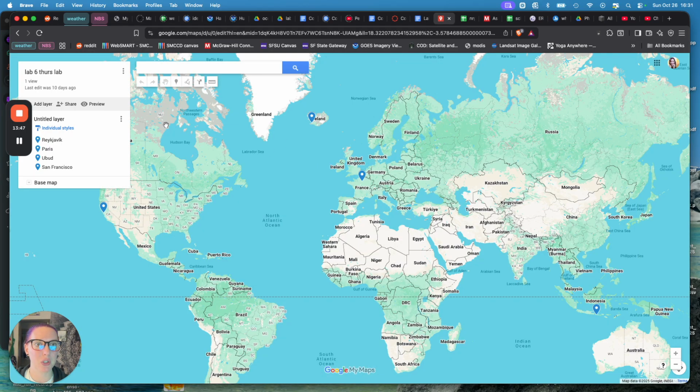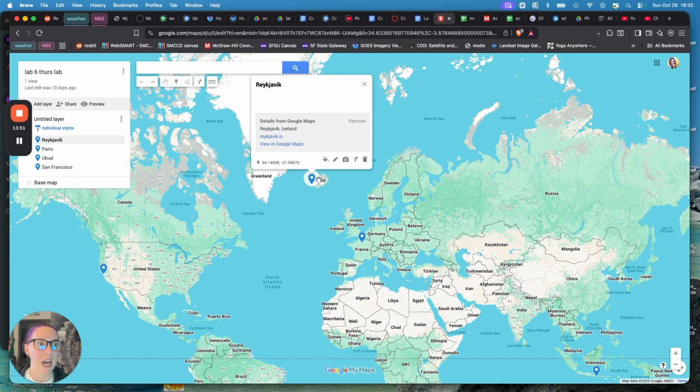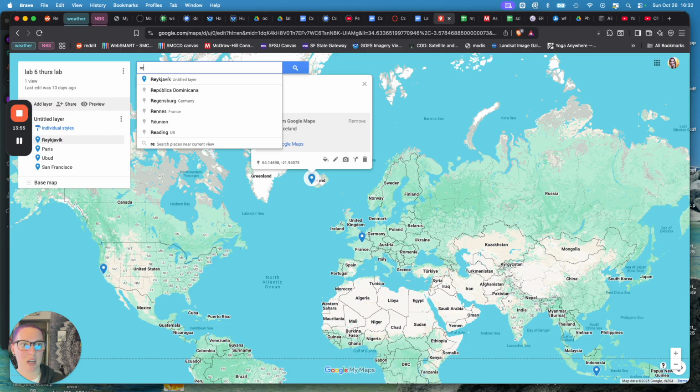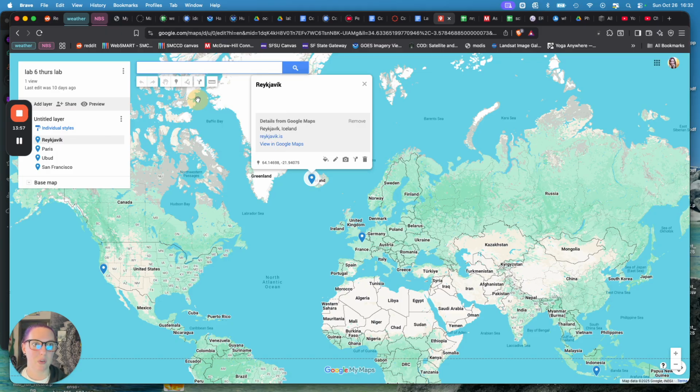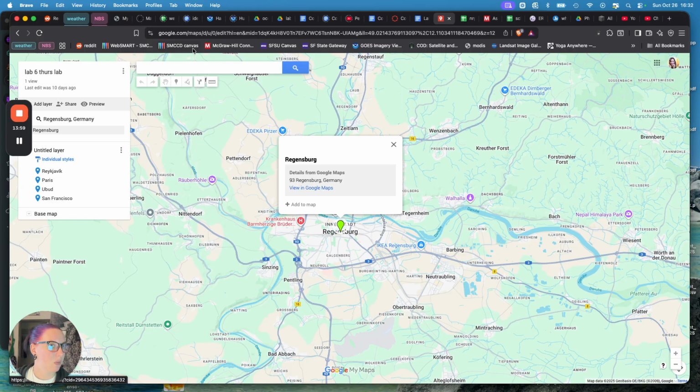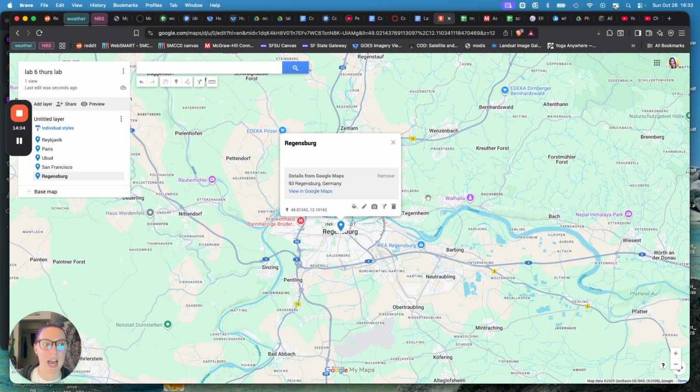You don't have to include the latitude and longitude, but simply when you search a location, like say I did Reykjavik here, or if I did Regensburg, Germany, all you have to do is hit the Add to Map button and it adds it to your specific map.